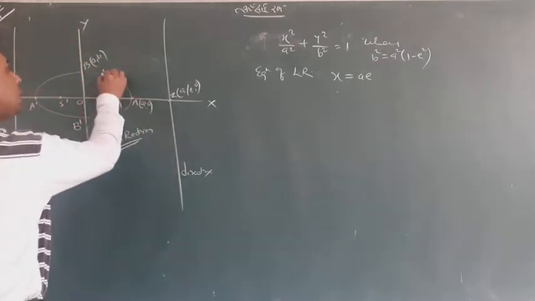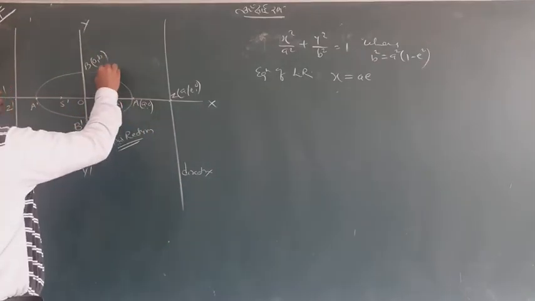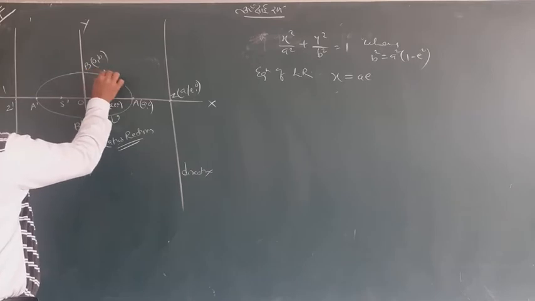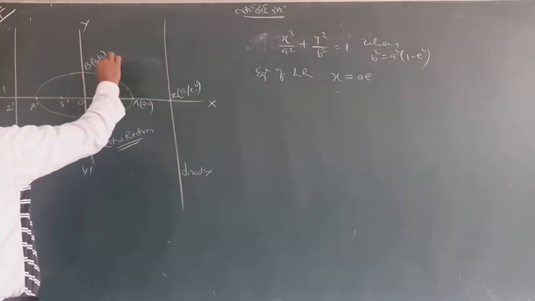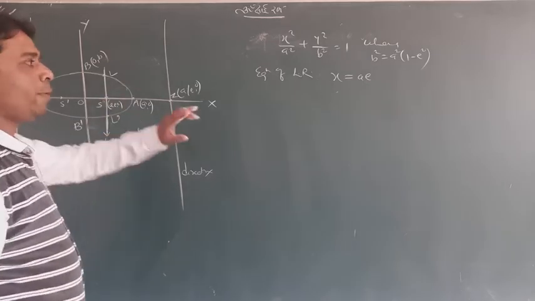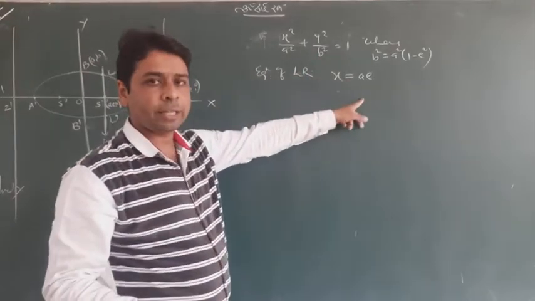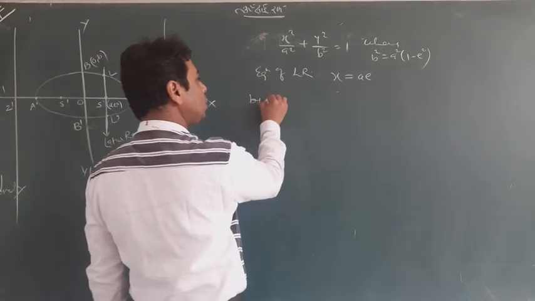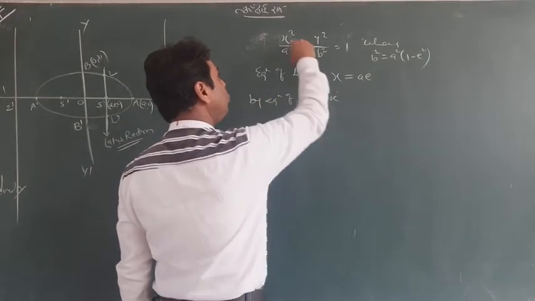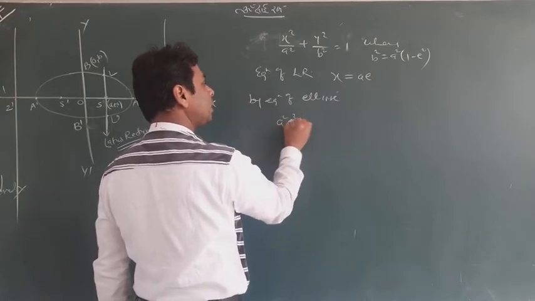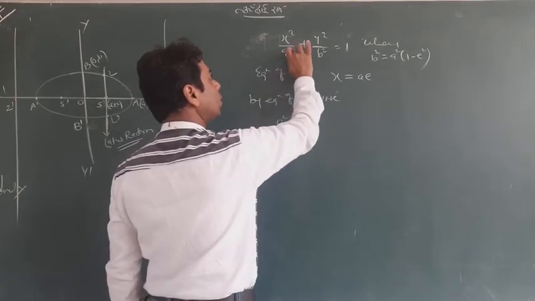Now I want to find L and L dash. So I ask you, what is L? L is none else but the intersection point of the ellipse and the line. So we will merge them. It is the ellipse and it is the line. By the equation of the ellipse, what will you have? x equals ae, put here, squared.